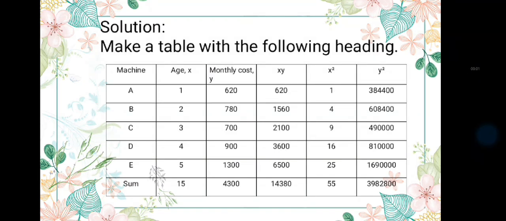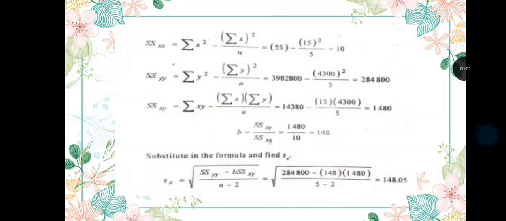Here is the solution. Multiply the values of x and y to get the summation of xy of 14,380. Then multiply x by itself to get the summation of x squared of 55. To get the summation of y squared, multiply y by itself. And the standard deviation of errors will be 148.05.